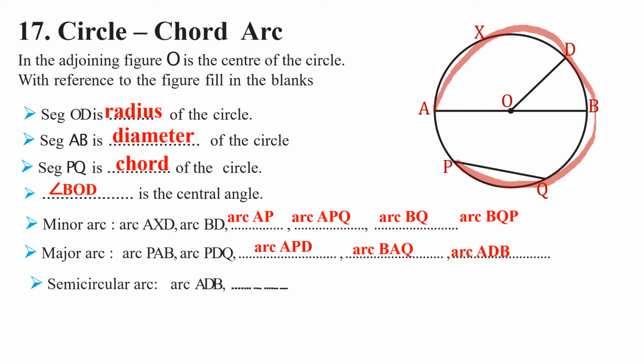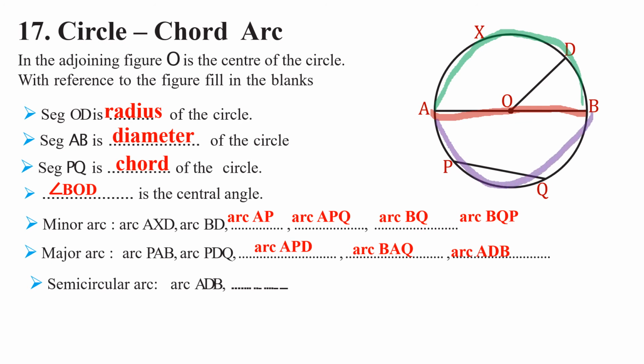Semicircular arc. Semicircular arc means here AB is the chord. This chord divides the circle into two equal parts, and each part is called a semicircular arc.